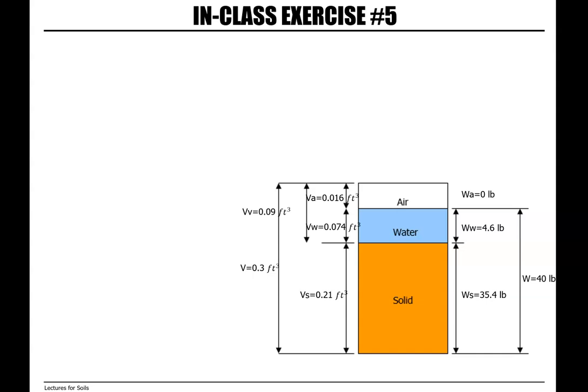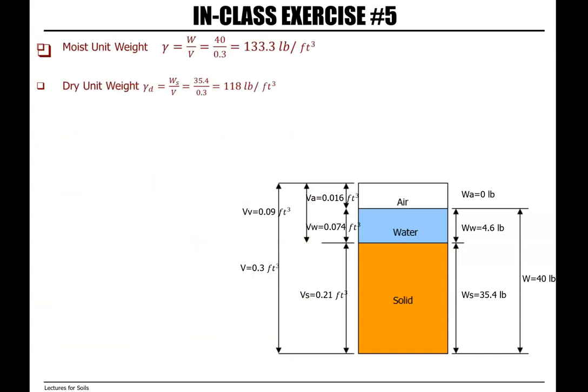Now that you have all of these numbers, moist or wet unit weight, gamma, is total weight divided by total volume.